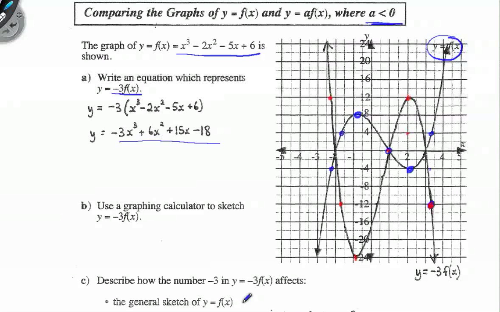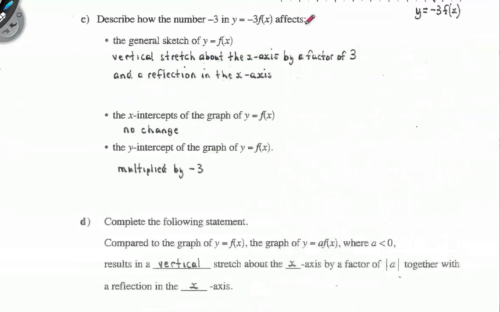Well, it is a reflection in the x-axis. Okay, that's the negative. And the 3 means it's a stretch from the x-axis by a factor of 3. So here's the answer here.